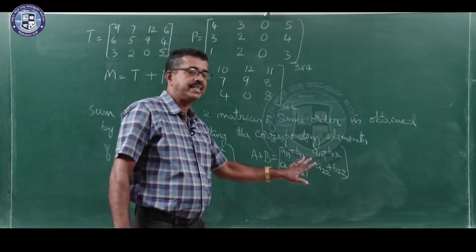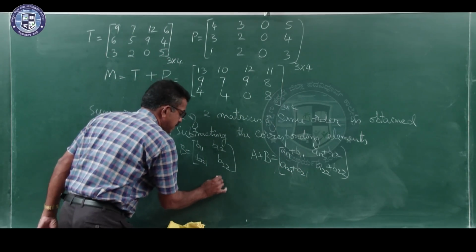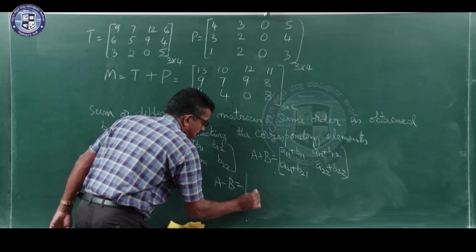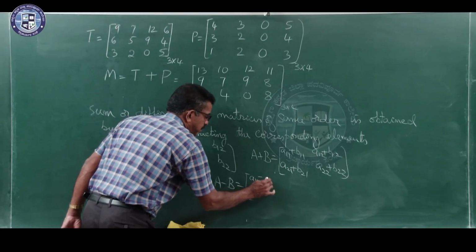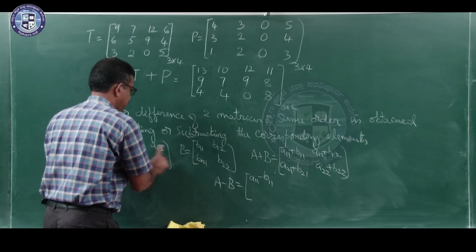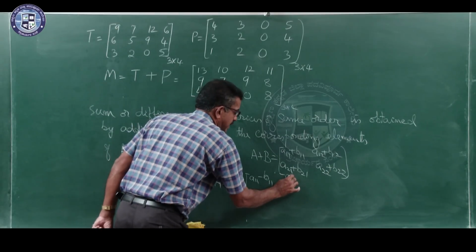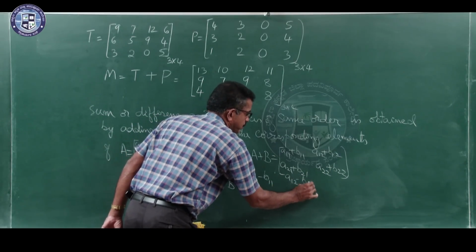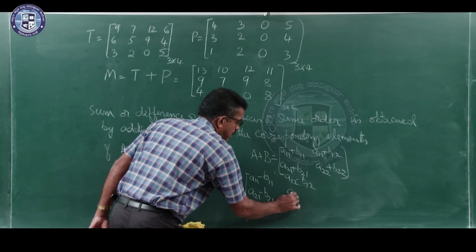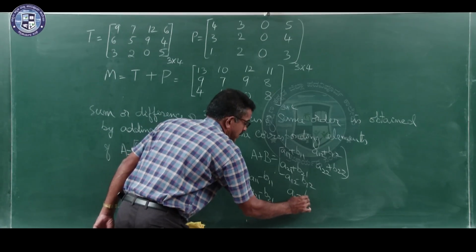This is how we can add. What would be A minus B then? What is the difference A minus B? It will be A11 minus B11. This minus this. And then similarly A12 minus B12, A21 minus B21, A22 minus B22.